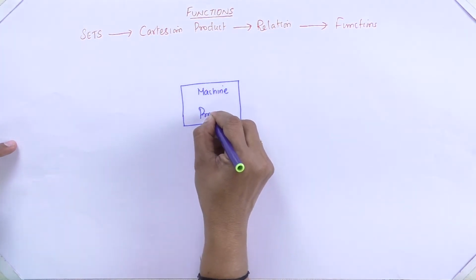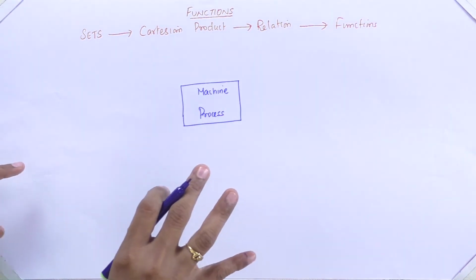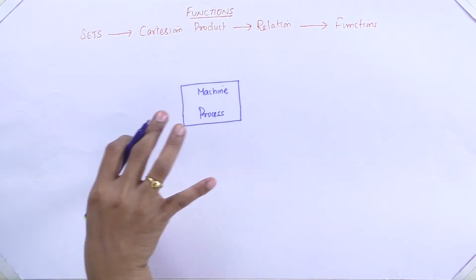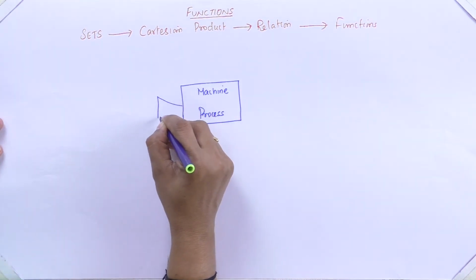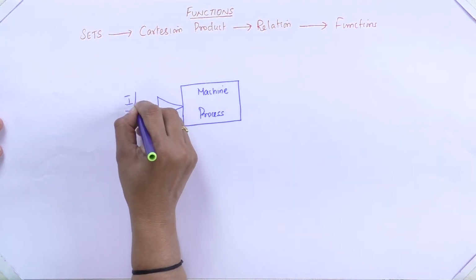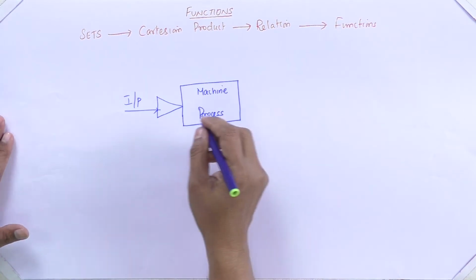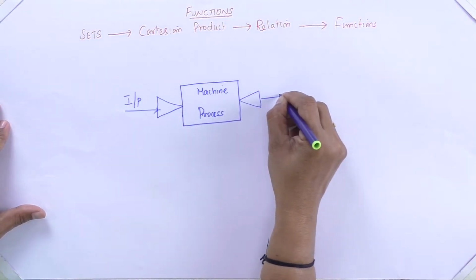Whenever we have a machine, it does some process, and to undergo the process we need the input. So we'll be giving the input here. Let the input be this, and once we give the input, the machine does some process and it executes some function and it gives the output. Alright?